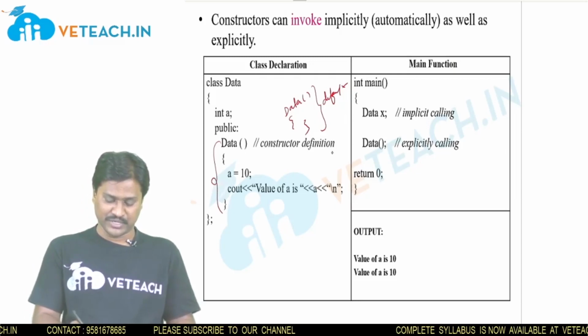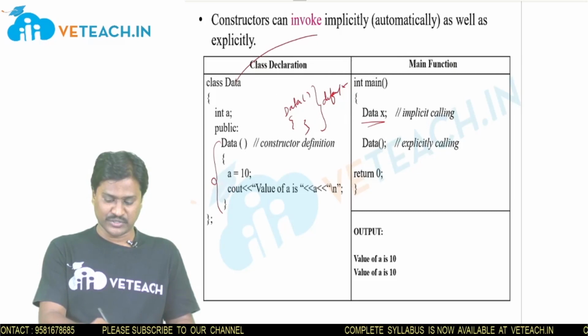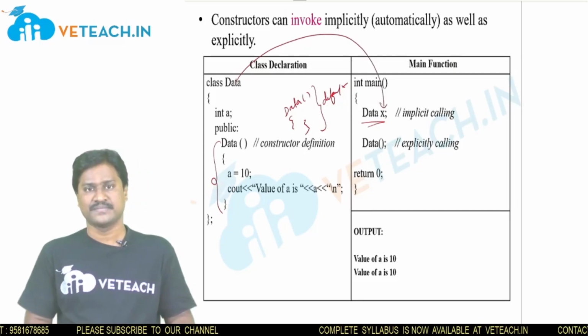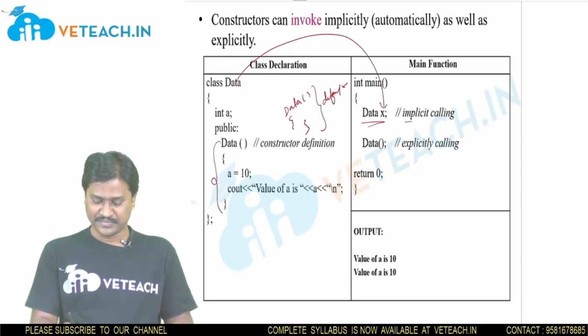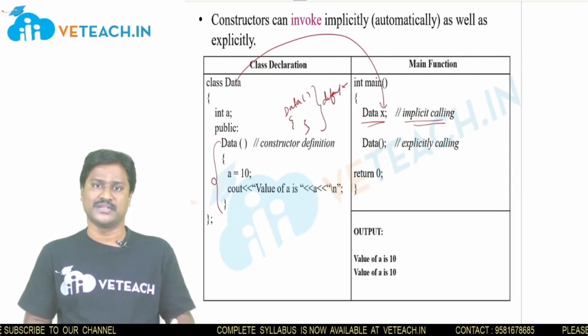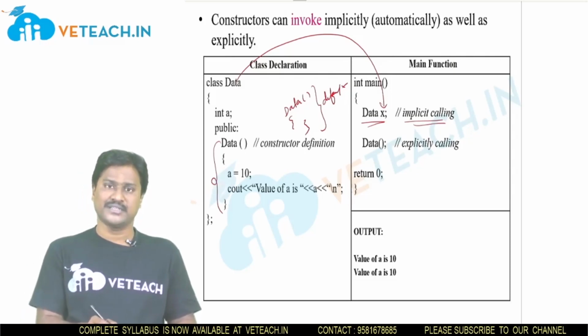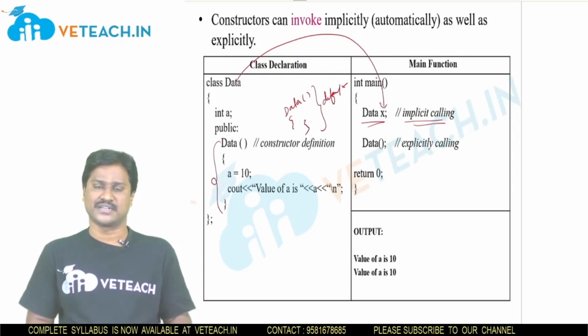This constructor will be called when we are creating an object of this class. Here x is an object of the data class, and when we define it like this, this constructor is automatically and implicitly executed by the compiler. It checks in the class definition whether there is any default constructor defined inside the class or not.